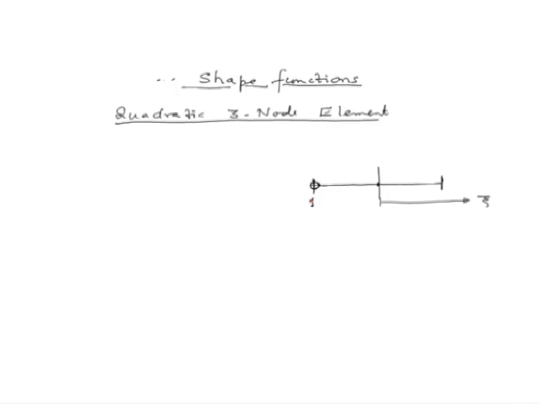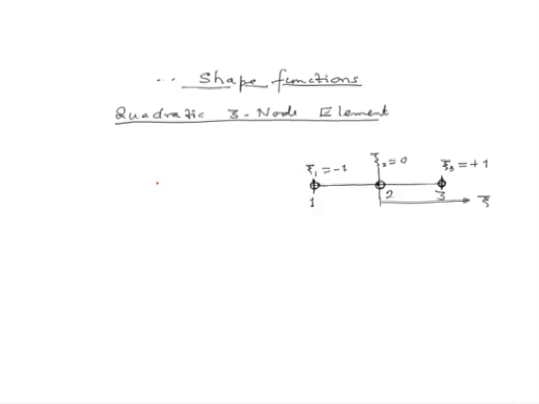The leftmost node is numbered as 1. The central node, we will number it as 2. The center node has xi2 equal to 0, xi1 is equal to minus 1, and the rightmost node we will number as 3. So, xi3 is equal to plus 1.